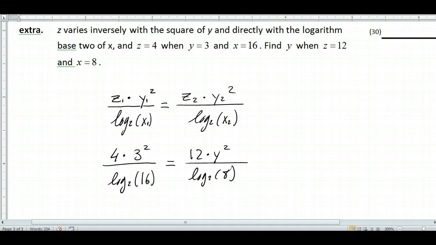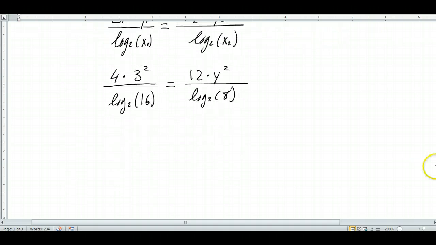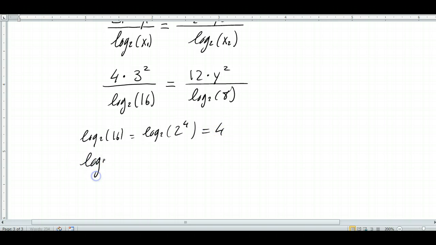Well, this is going to be pretty okay, I think. Log base 2 of 16 is log base 2 of 2 to the power of 4, therefore it's 4. Log base 2 of 8 is log base 2 of 2 cubed, so it's 3. Okay, so we have 4 times 3 squared.